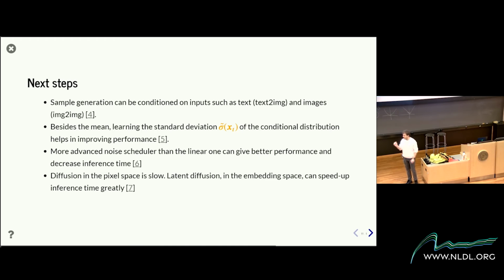You can imagine that this does not scale well when images are really big. Now we are dealing with a toy dataset with images of 28 times 28, but that's not really what we are after. Maybe we would like to generate images which are 512 times 512 or even more, and these things do not scale well. So that's where latent diffusion models come into play.